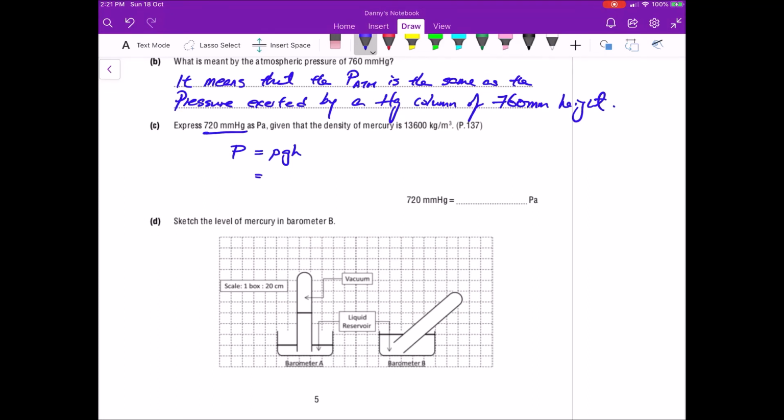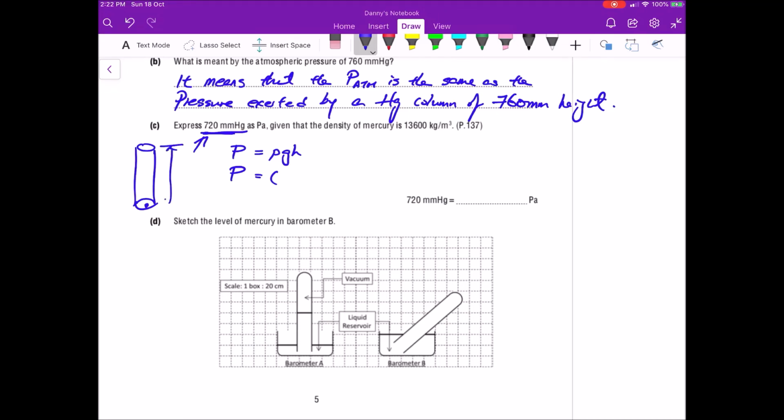720 mm Hg? Well, I do not know, but I know that this particular pressure is the same as the pressure exerted by a mercury column that is 720 mm high, right? So it's the same thing. Rho g h, so this is the pressure that I'm talking about.